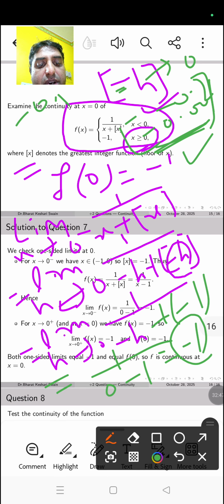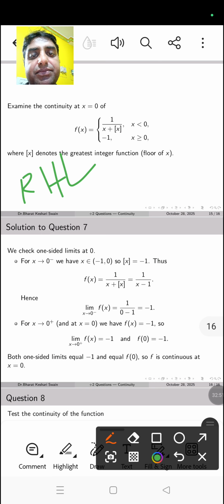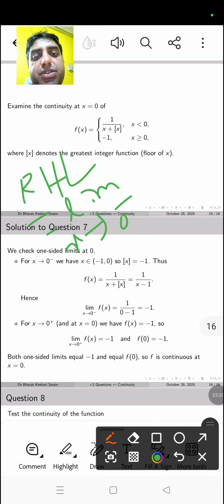Now come to the right hand limit, RHL. What will be RHL? It is limit x tends to 0 plus of f(x). Here x tends to 0 plus means x greater than 0, and for greater than 0 the function is defined as minus 1.